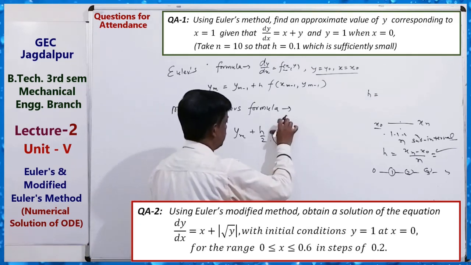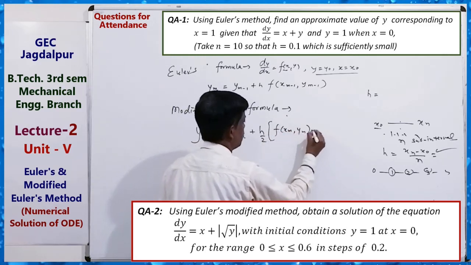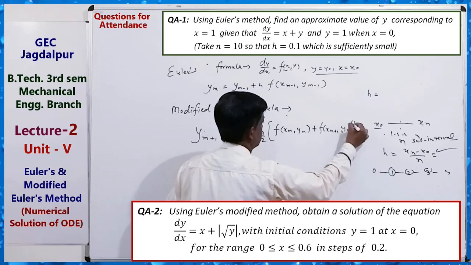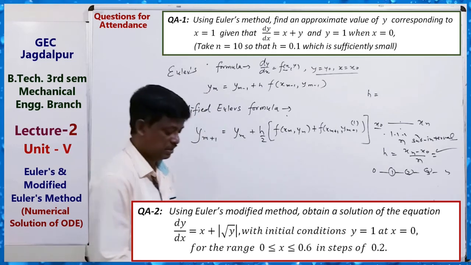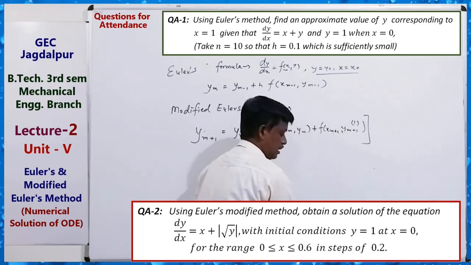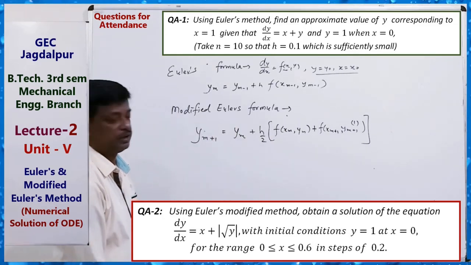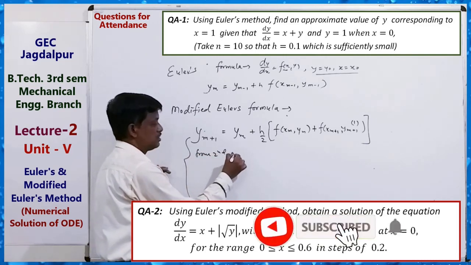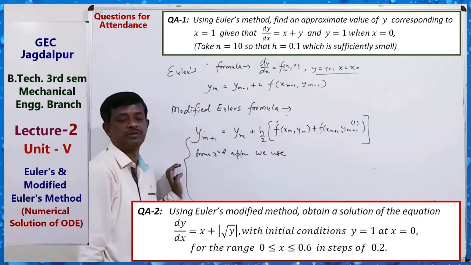This formula will be what? f(xm, ym) plus f(xm plus 1, ym plus 1) from previous value of y. We take the value of h from the previous part. Okay, just this is the formula. From the second approximation, we use this formula, Euler's modified formula.